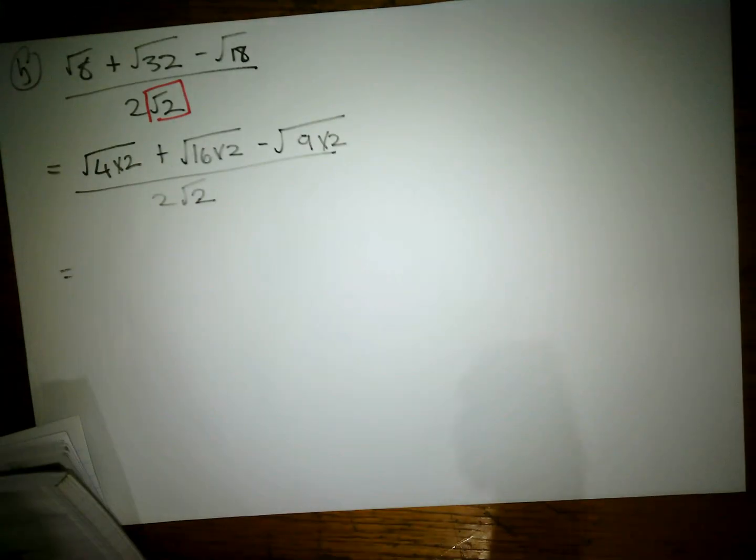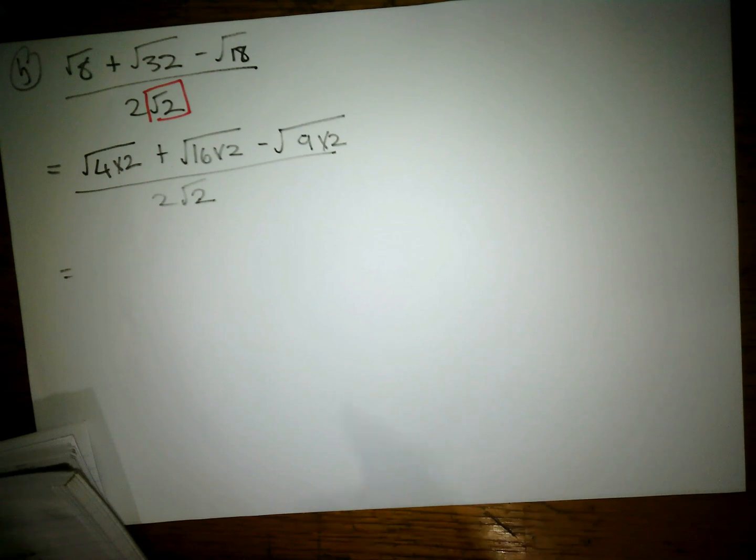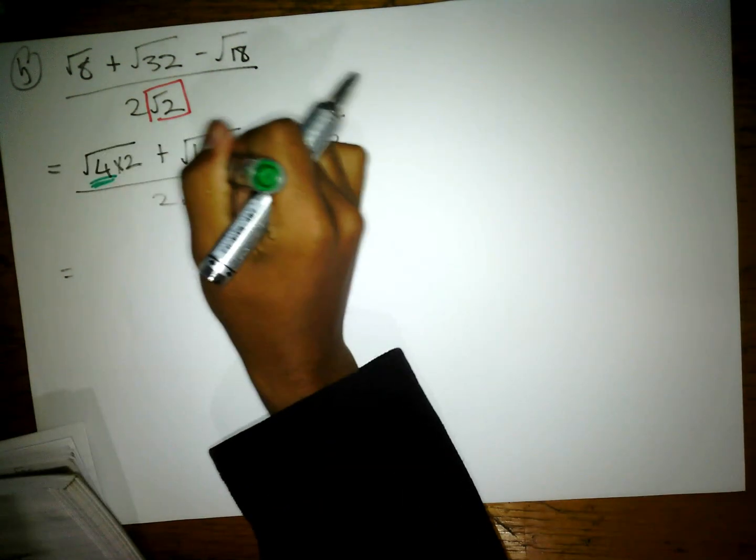Then what we do is we take this number that's in front. We get this one out, that one out.